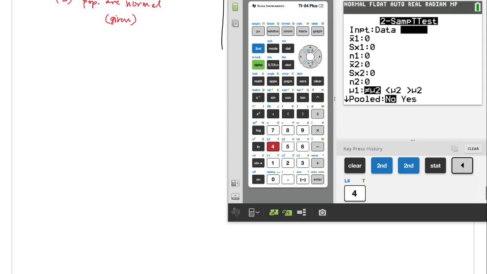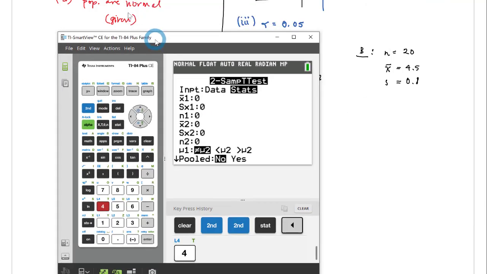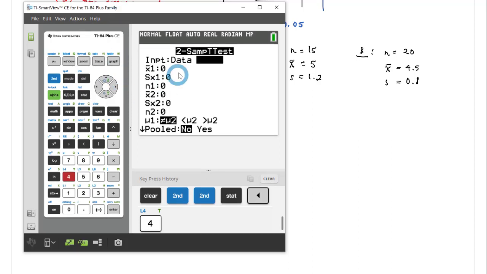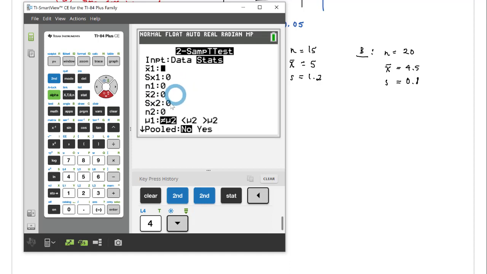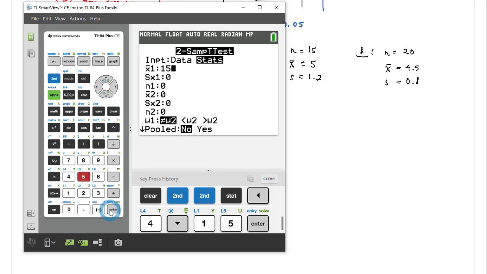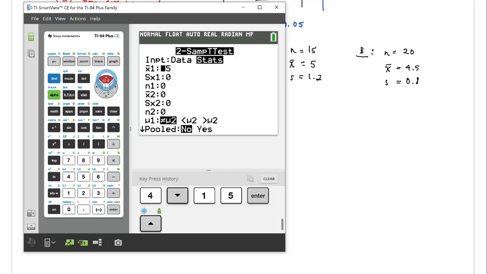We have statistics given to us, so we're going to enter those in. Make sure that when you enter in statistics that you use X1 with the first parameter listed, which was company A, and X2 corresponding to the second parameter listed, which is company B. If you keep those straight, your hypothesis testing will be accurate.